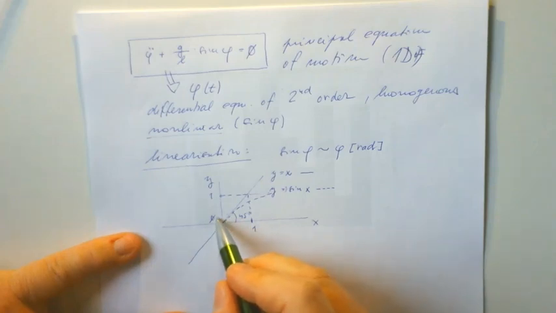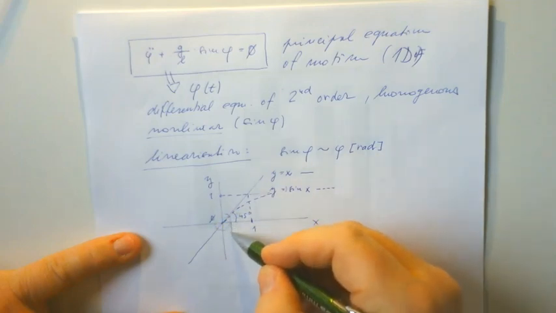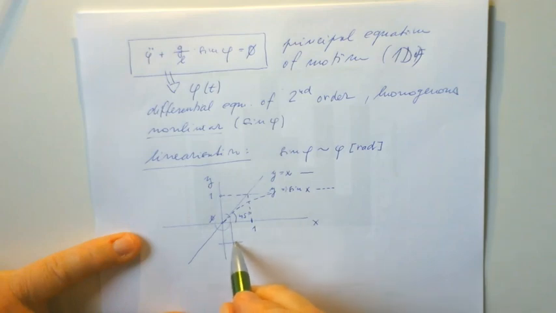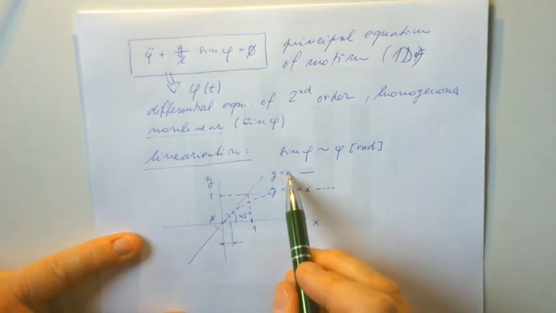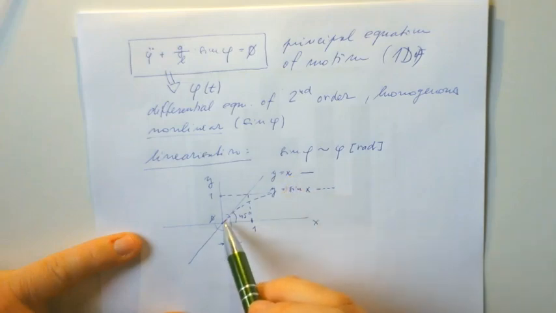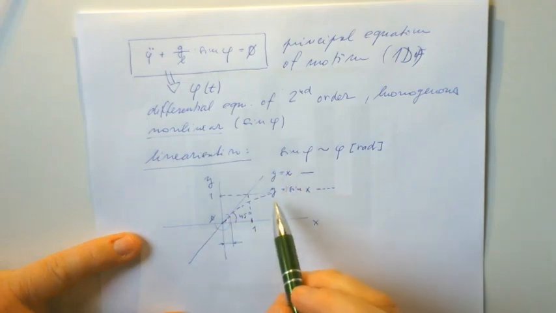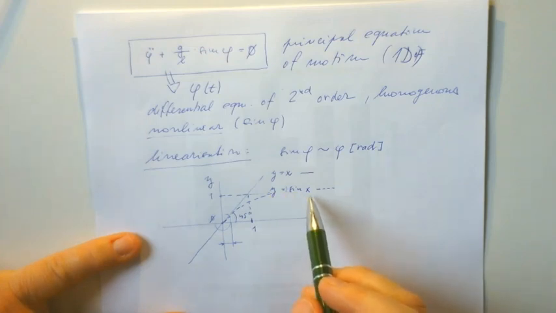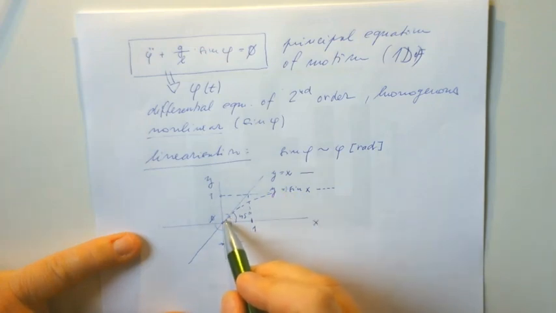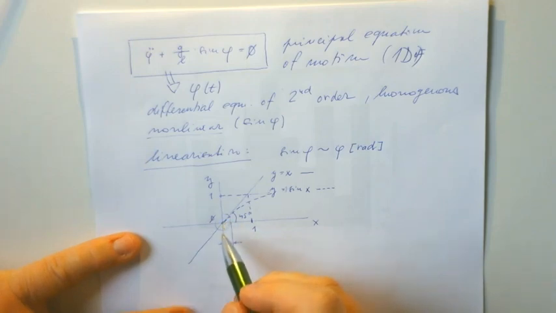So in a very small area from 0 we can consider that the function y is equal to x is approximately equal to the function y is equal to sine x. So there is a very small difference between values.